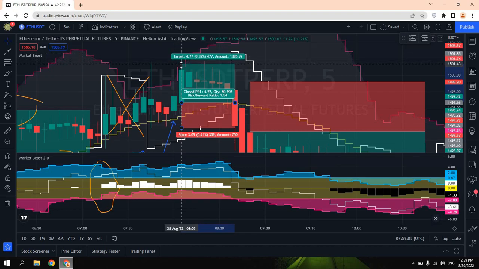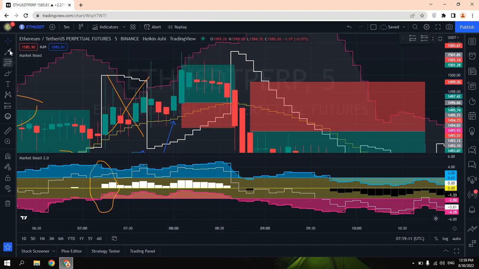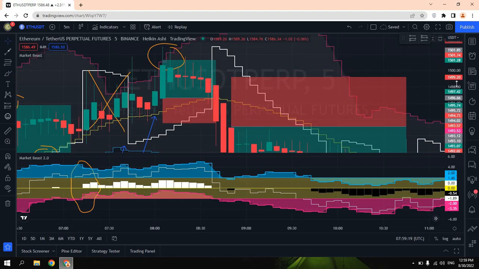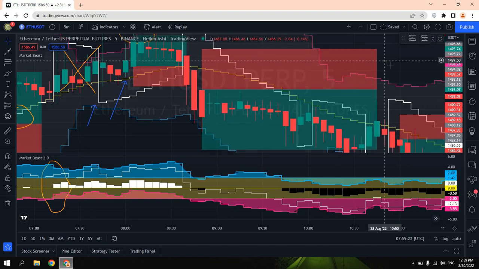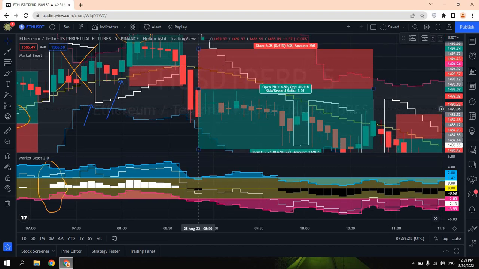Target should be according to 1:1.5. So here again we hit target successfully right after our entry. Look, these entries and these scalps are very quick, so you have to be quick while watching charts.